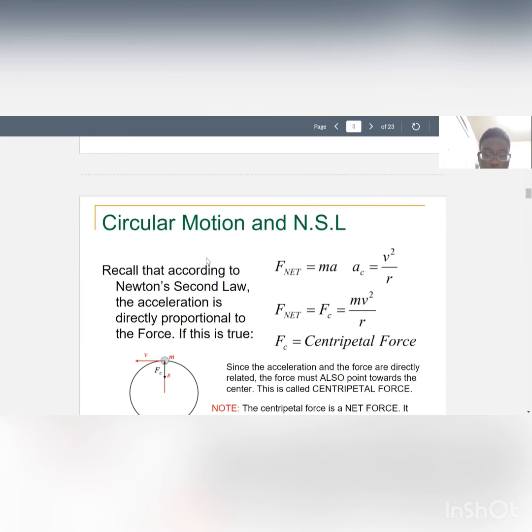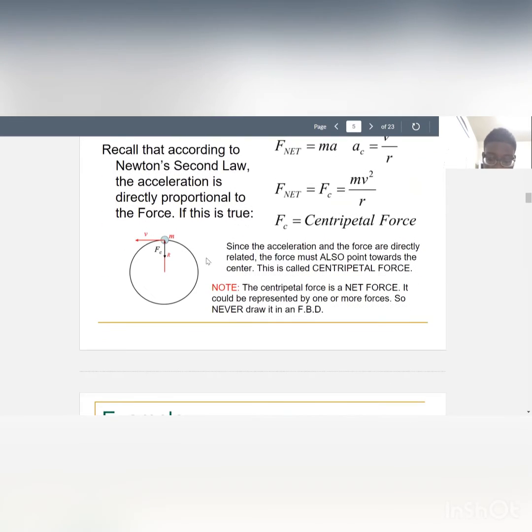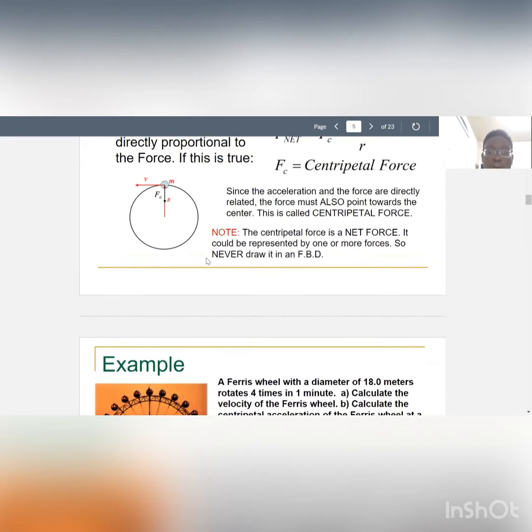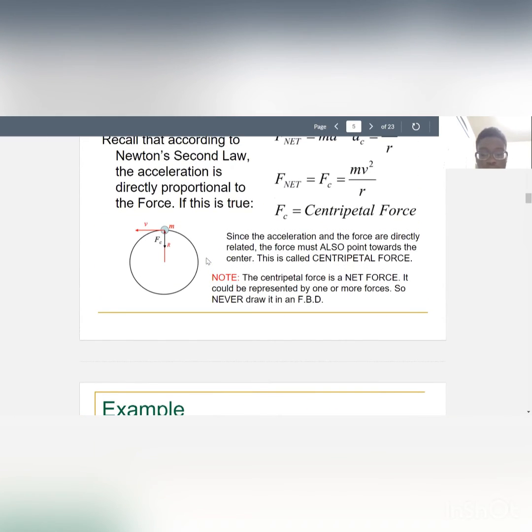So remember, centripetal force, which is Fc, is equal to mv squared divided by r, which is equal to mass times acceleration, which is equal to the net force. And the unit for centripetal force is newtons.